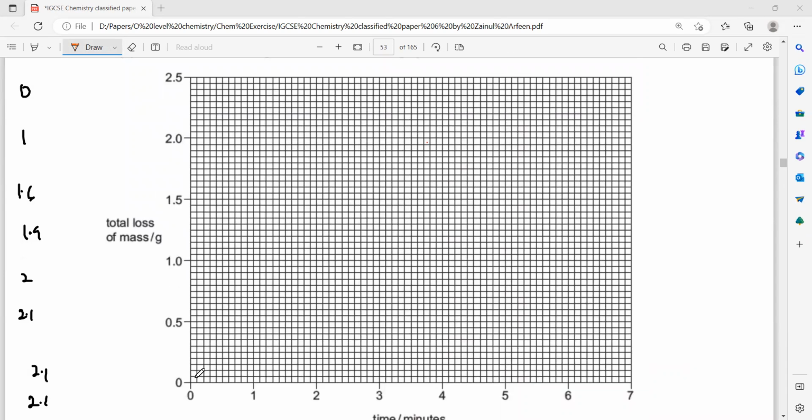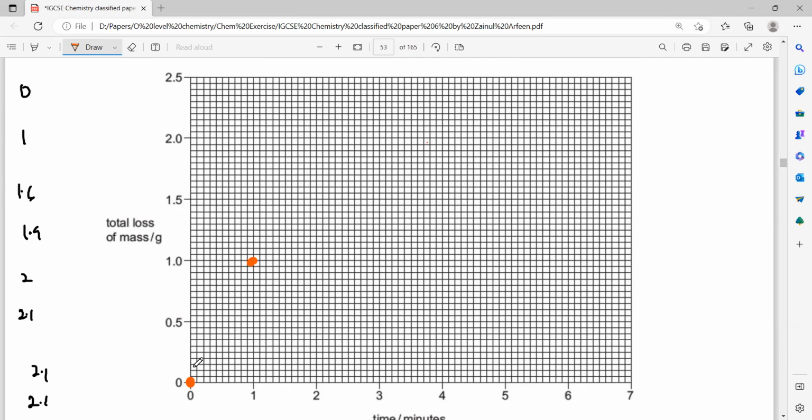So at 0, the change in mass was 0. After 1, it was 1. Then after 2, it was 1.6.